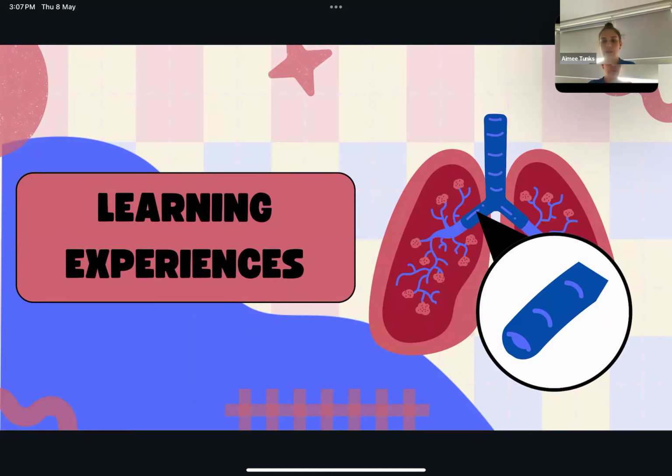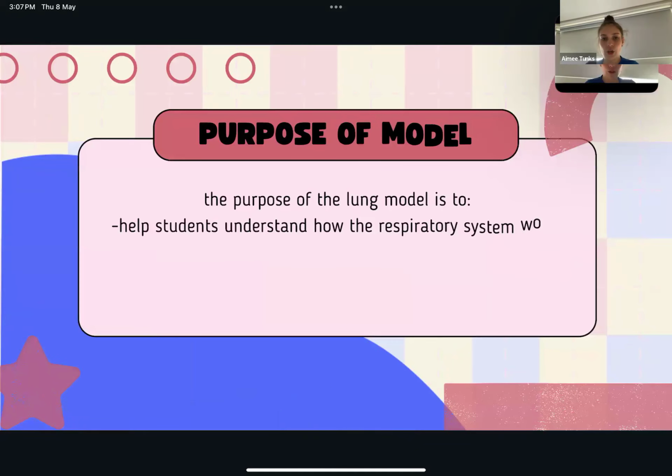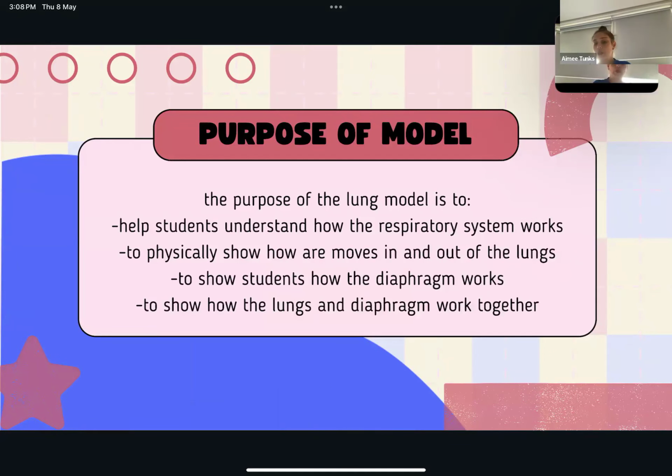The learning experiences. The purpose of the lung model is to help students understand how the respiratory system works, in that you can see how the lungs inflate and go back down while you are moving the diaphragm. It shows how the air moves in and out of the lungs.